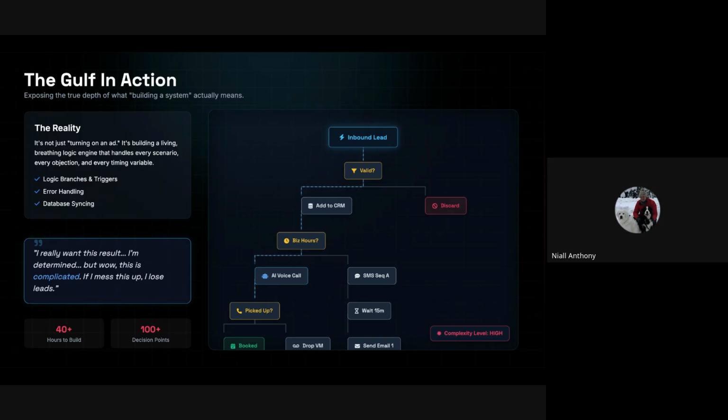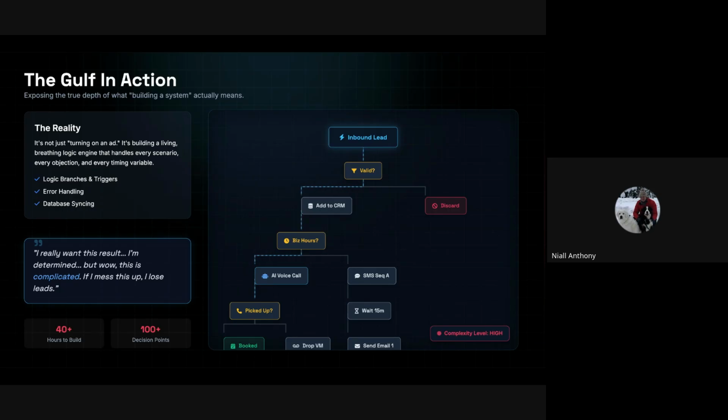Now, I'm creating this thought process of, I really want to do this. I'm determined, but whoa, this is quite a lot. I'm not sure I can do it. And if I can do it, it's going to take me a really long time, but I do really, really want to do it.